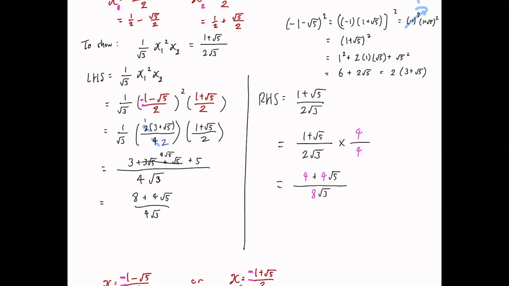The denominator here is what? 4. The denominator here for the right side is what? 2 root 3. So how do you go from 2 to 4, times 2 top and bottom? But it's still wrong.